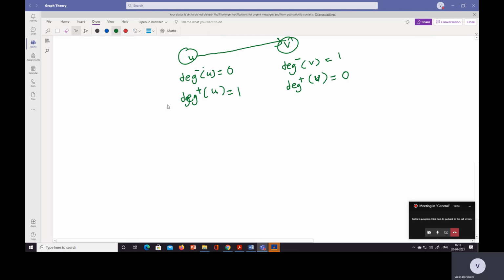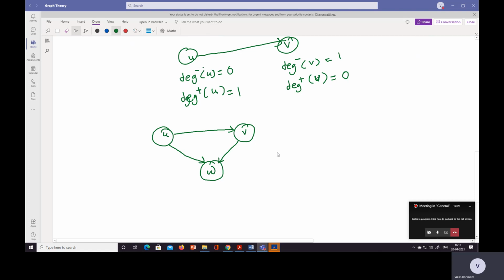Again we'll take one more example and compute the in degree and out degree for u, v and w. So u is adjacent to v, u is adjacent to w, and v is adjacent to w.